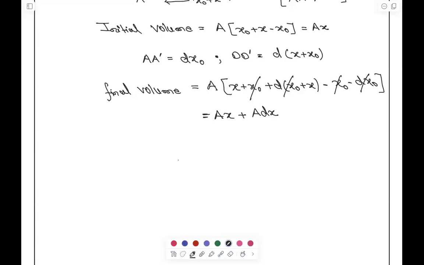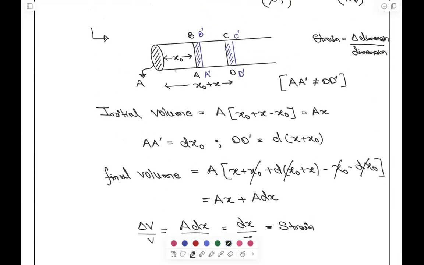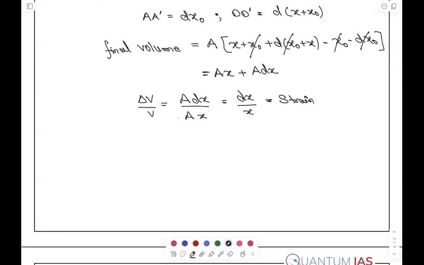Now, what is the final volume? Ax plus dx. Can you tell me what is delta v by v now? Delta v is A into dx by ax, that is dx by x. Dx by x is nothing but my strain. For any x, let's say this is my rod, its length was x, and due to some condition, this length has changed by dx.